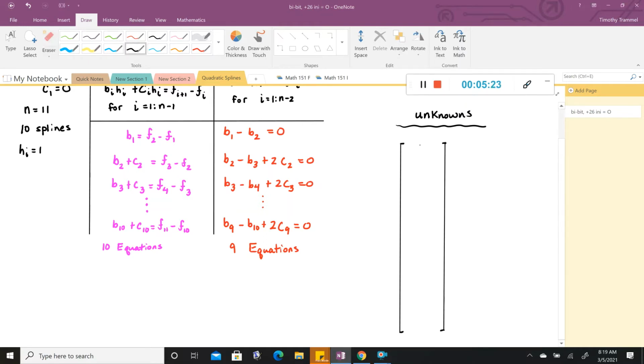Let's start writing them in here. We'd have B1, B2, all the way up to B sub 10. And then it would start at C2, and it would go all the way down to C sub 10.